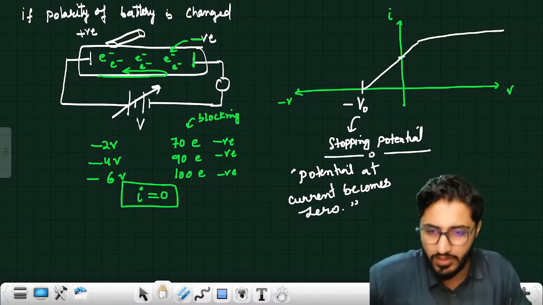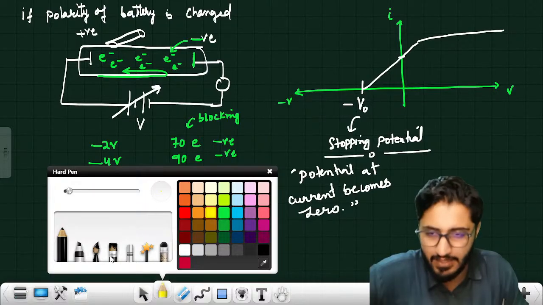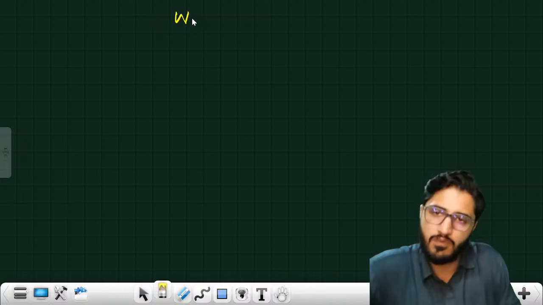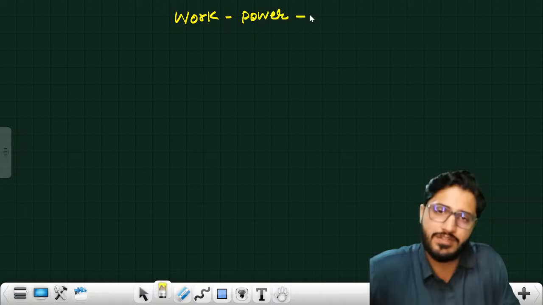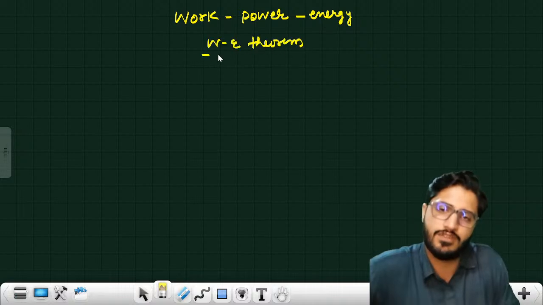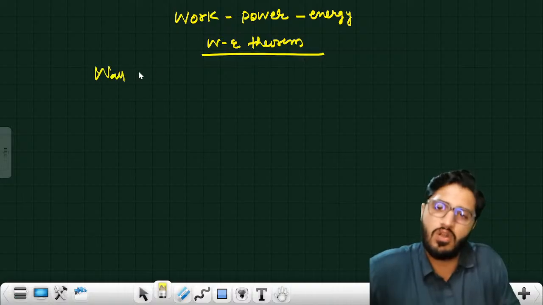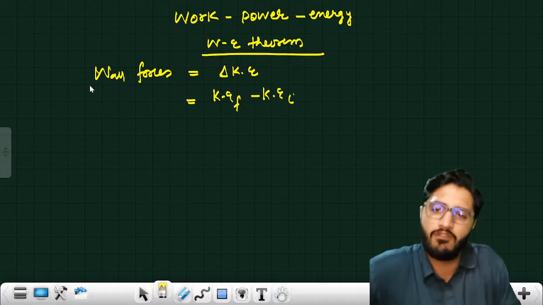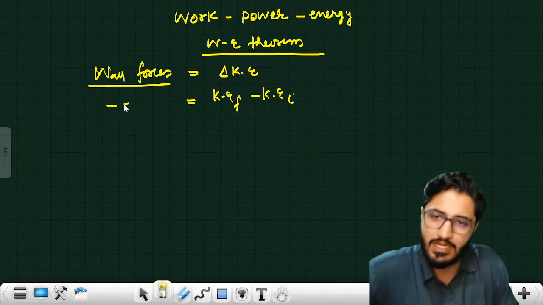One more thing that you need to remember, look, from the work power energy chapter, that is the work energy theorem, which is work done by all forces equals change in kinetic energy. It is kinetic energy final minus kinetic energy initial. Work done by all the forces here is minus EV naught.